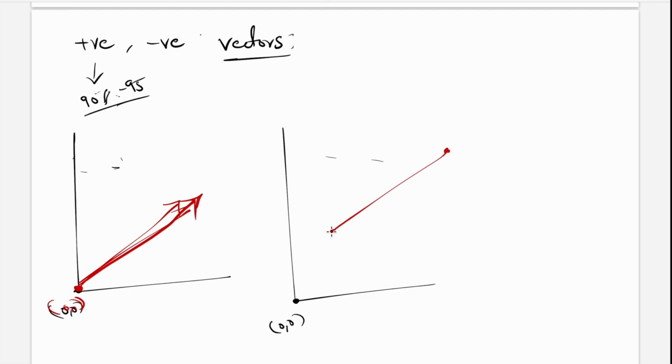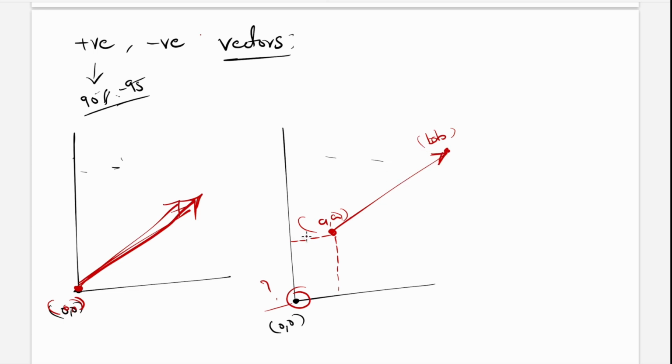In this graph, the vector didn't start from the origin. It starts elsewhere, at some point like a comma a, and ends at b comma b, and it is a positive vector.